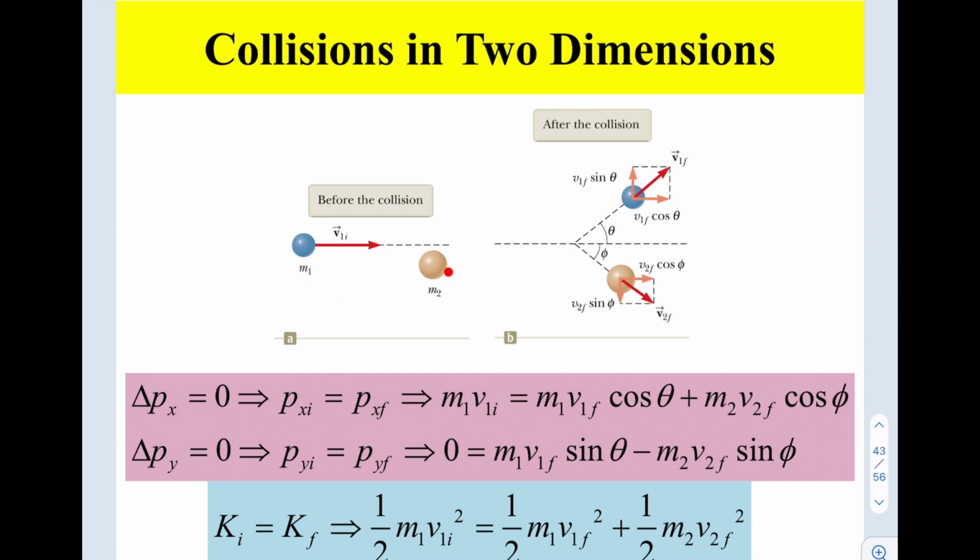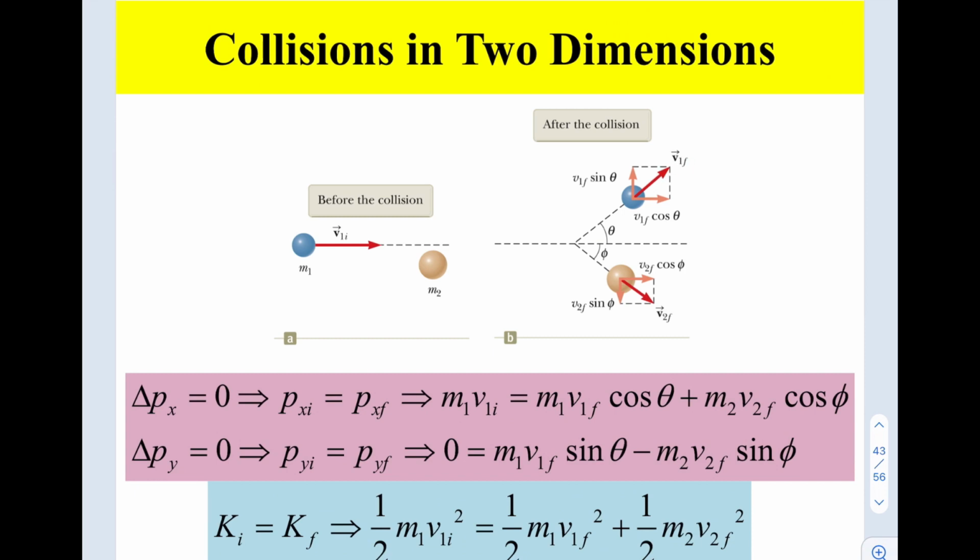We have two objects with masses M1 with V initial, and M2 is stationary before the collision. Then M1 is going to strike M2, and at the end of the process, M2 is going to move downward like this with V2 final, and M1 is going to move upward like this with V1 final.